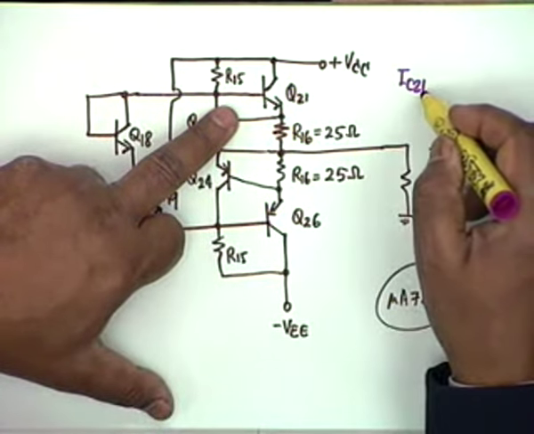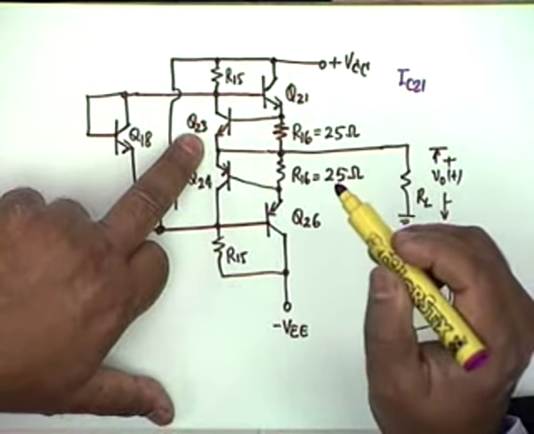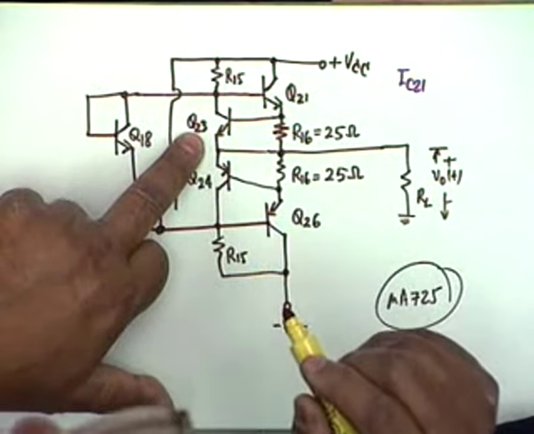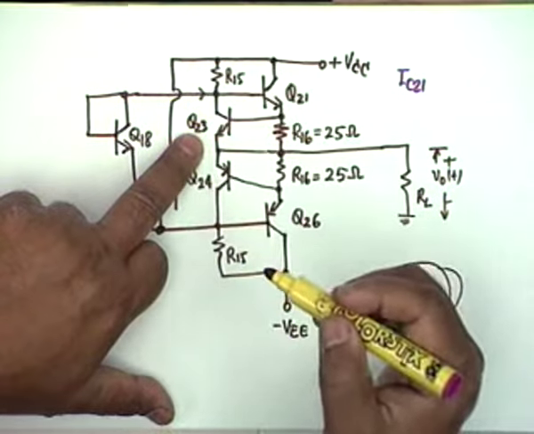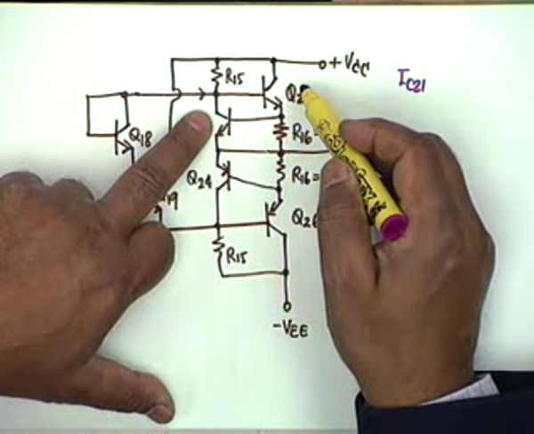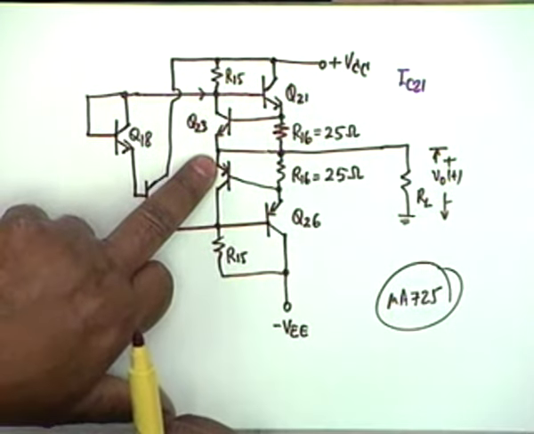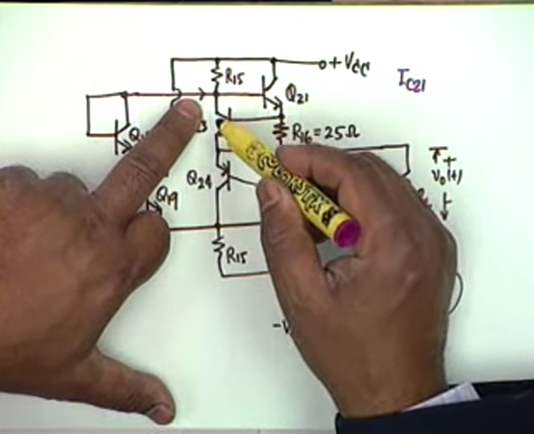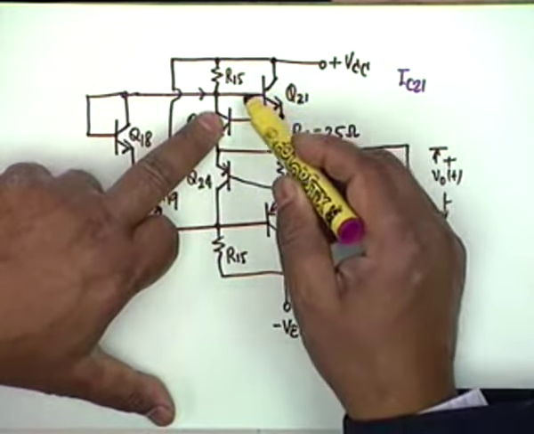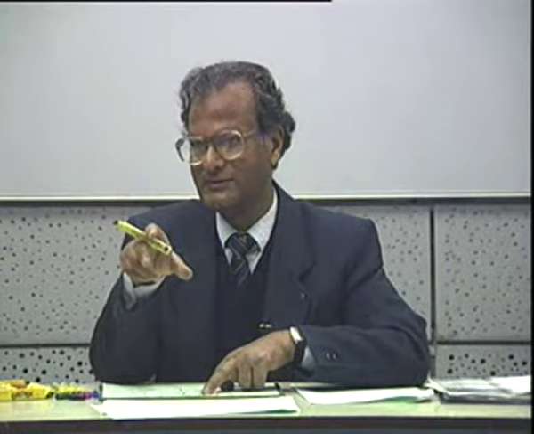But as soon as IC21 is large enough to make the transistor Q23 on the verge of conduction, the input current does not totally go to Q21. When Q23 starts conducting, the input current has two parts. One goes through IC23 and the other is IB21. So IB21 is not equal to the input current, it is only a part of the input current.